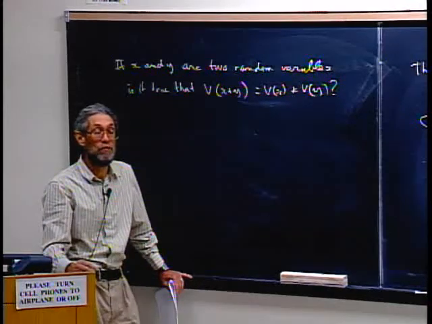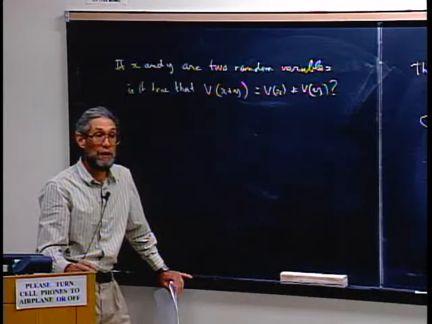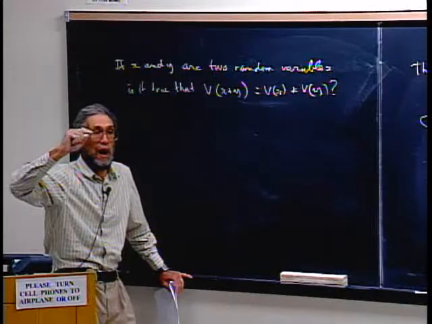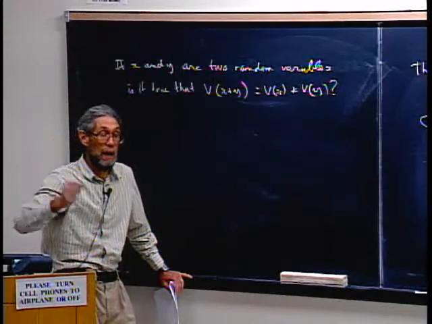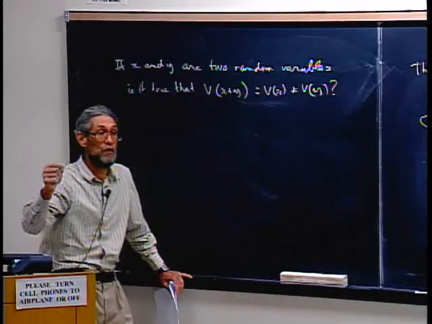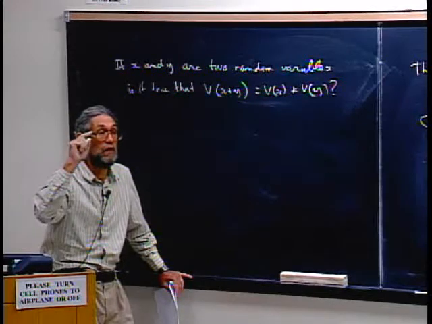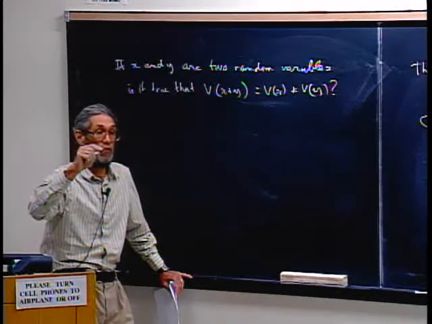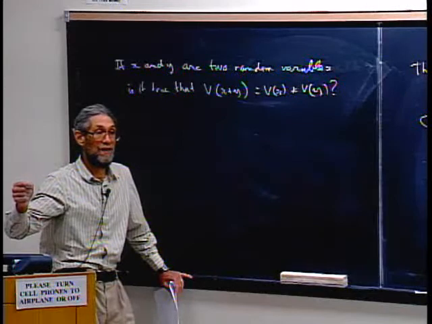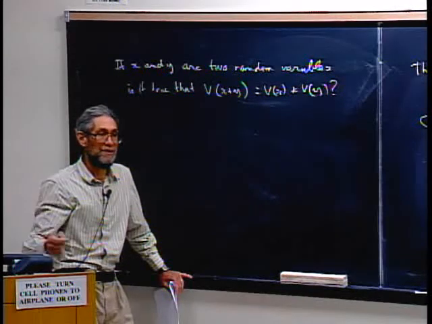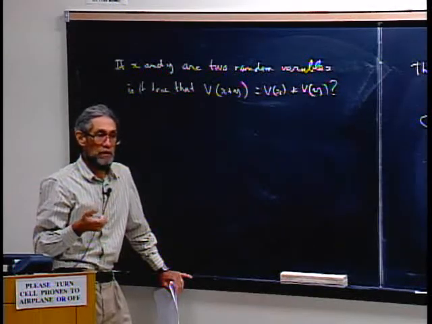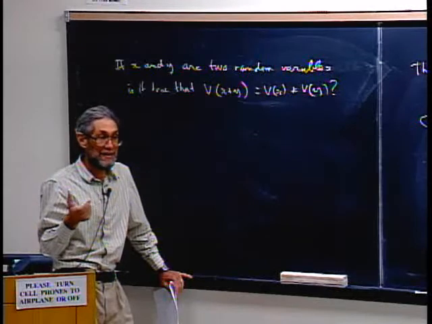A simple example of it not being true: suppose I put the two numbers X and Y on each die face. I make X go 1, 2, 3, 4, 5, 6, and Y go 6, 5, 4, 3, 2, 1. Then the sum of X and Y is always 7.